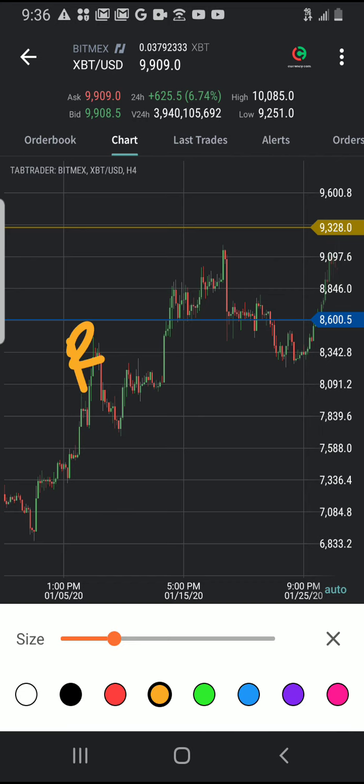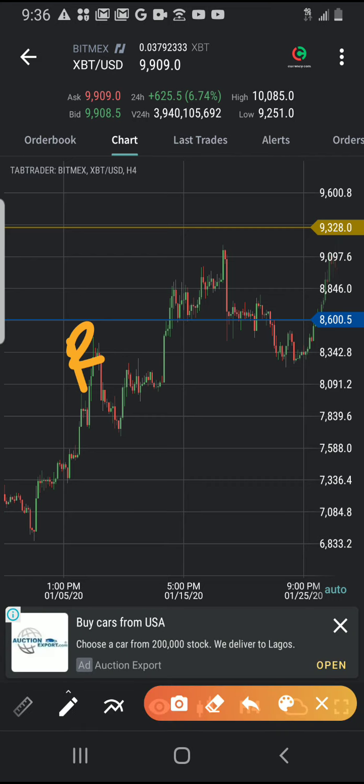Resistance, support. So in essence, a resistance can become a support once broken. If a resistance is broken, it will turn out to be a support.